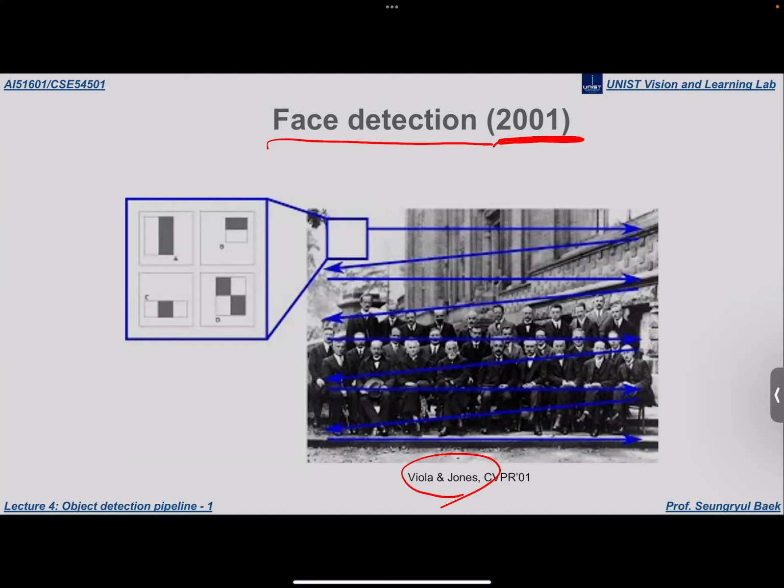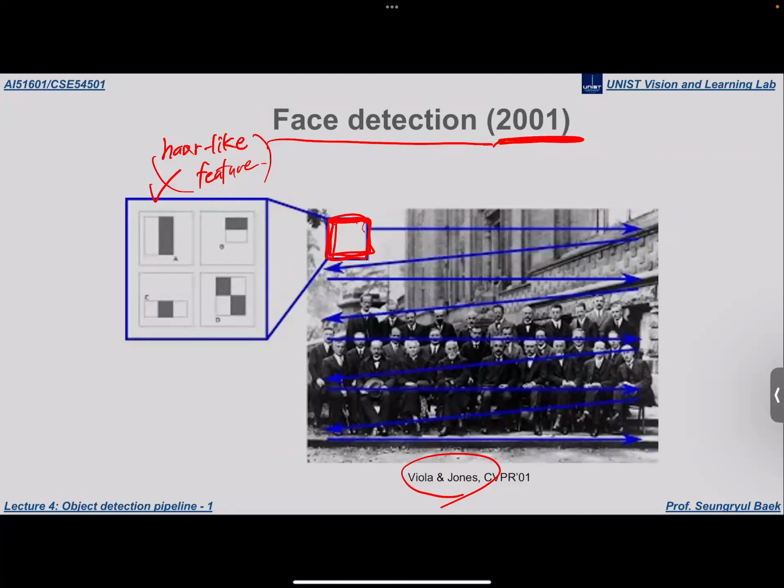It first extracts Haar-like features, which are hand-engineered features, from this square region. But they use only one type of bounding box, because most faces fit this square bounding box.